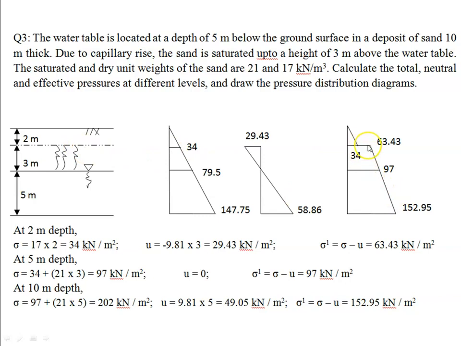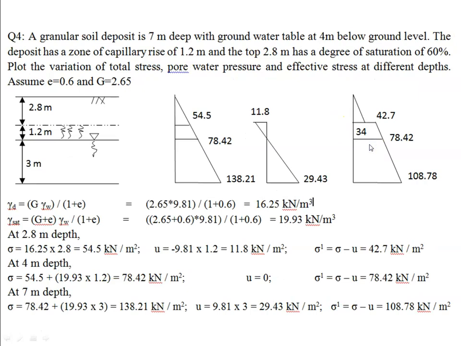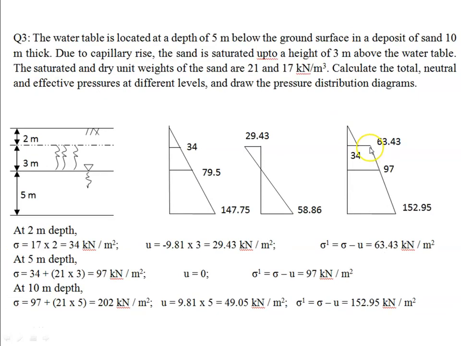We cannot join this point to this point. That is wrong. It is linearly increasing from 0 to 34, and then there is an increase due to capillary rise which is at this point only. So we should draw a step like this. Then at this level it is 97 and at the bottom it is 152.95.